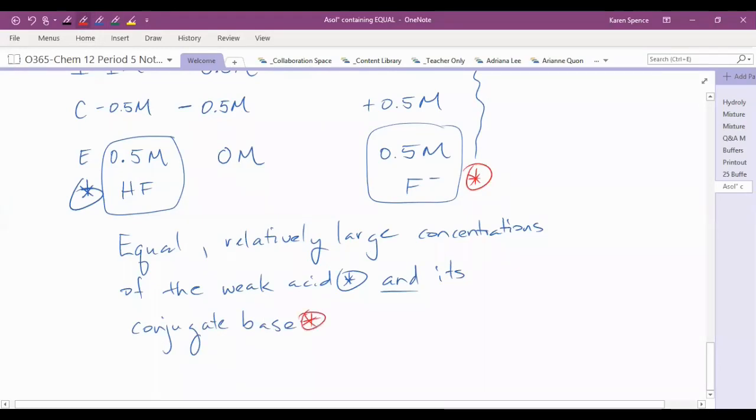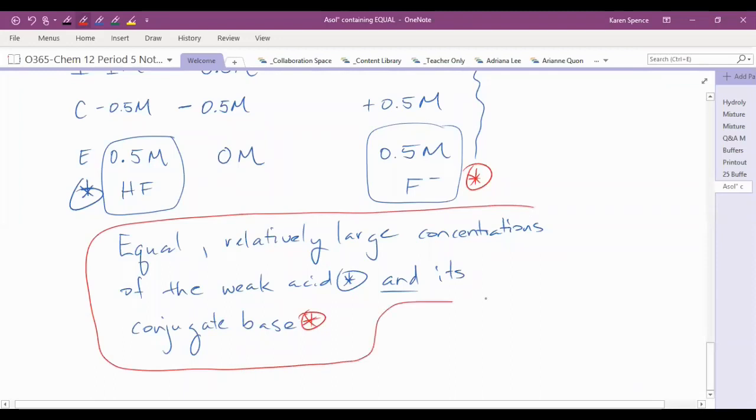And if I have equal, relatively large concentrations of the weak acid and its conjugate base, what do we have? What kind of a solution is that? Yeah, it is a buffer, okay?